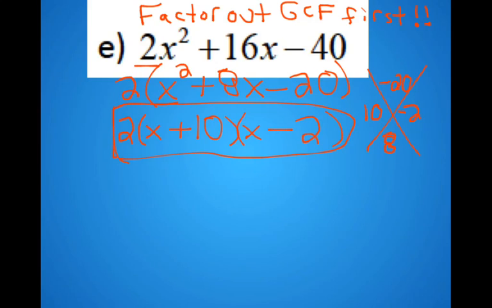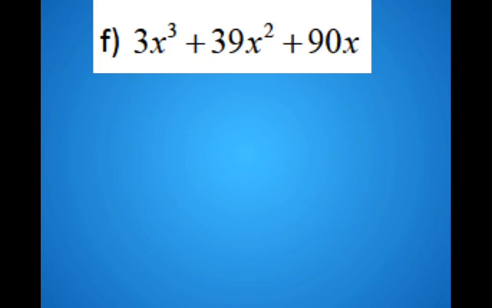Okay, so, and then next one. Okay, so we have a GCF of 3x, and then we see what's left, and it would be x squared plus 13x plus 30.